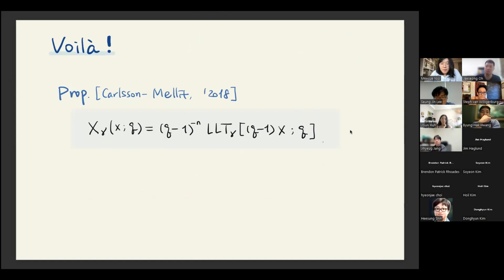And the explicit relation was disclosed by Carlsson and Mellit in 2018 upon the proof of the Shuffle Conjecture. And they are related by this plethystic substitution. So you put (q-1) times X plethystic substitution for the LLT polynomial and divide by (q-1)^n. Then you get the chromatic quasisymmetric function indexed by the same Dyck path.